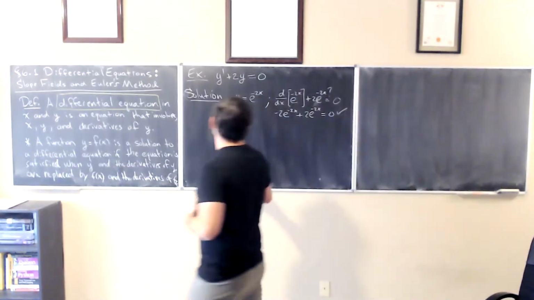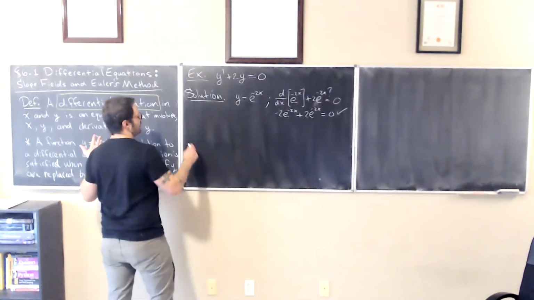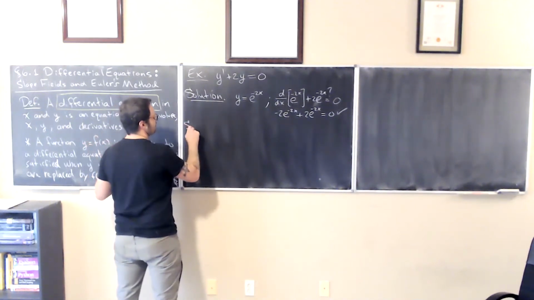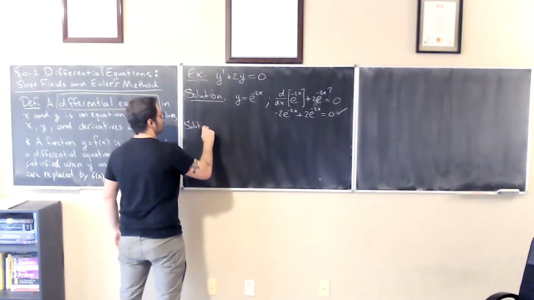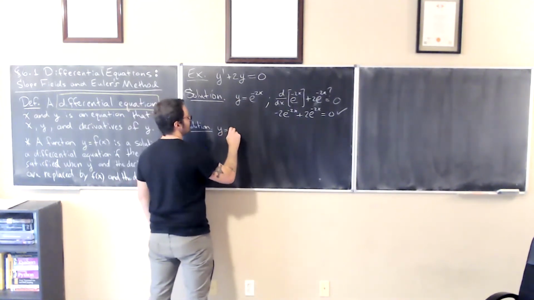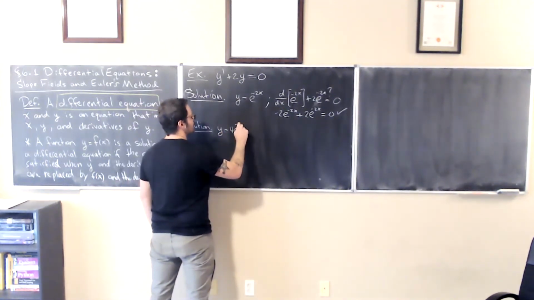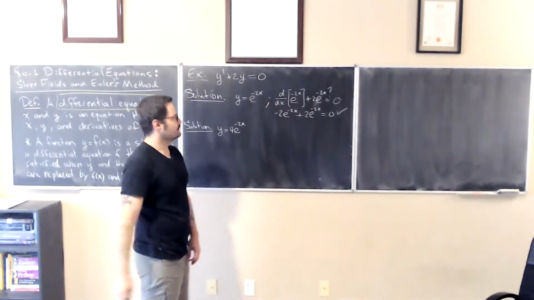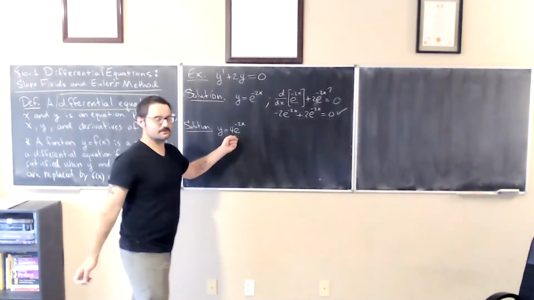But wouldn't it also be the case that another solution would be maybe y is equal to 4e to the negative 2x? That's also a solution, right?